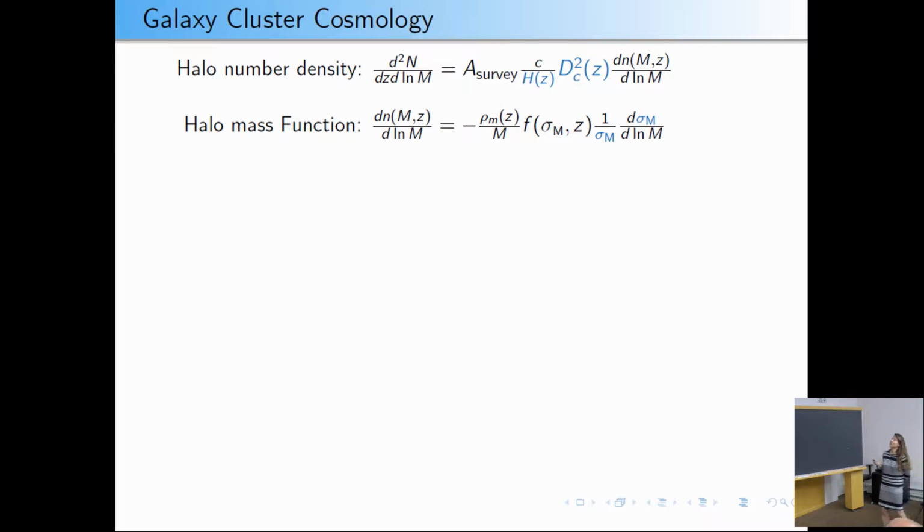Sigma is the standard deviation of the density contrast. So cosmologically, it depends on the Hubble function and also the linear power spectrum, okay? And this F here is what I, and some people in the literature, call the multiplicity function.